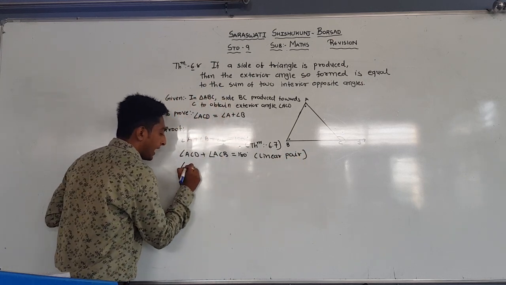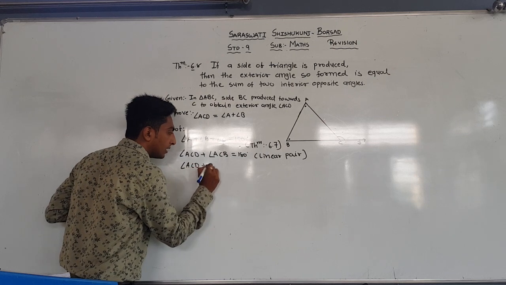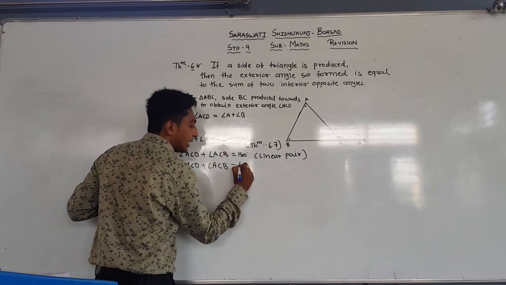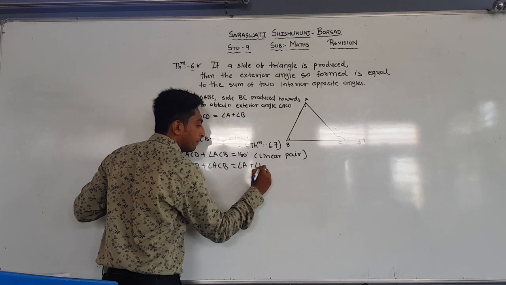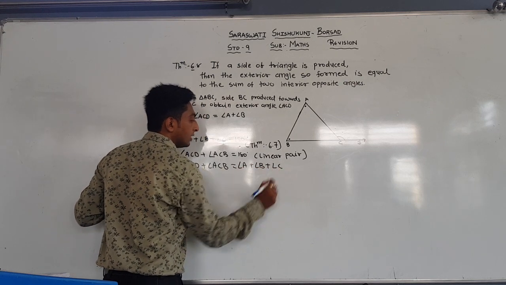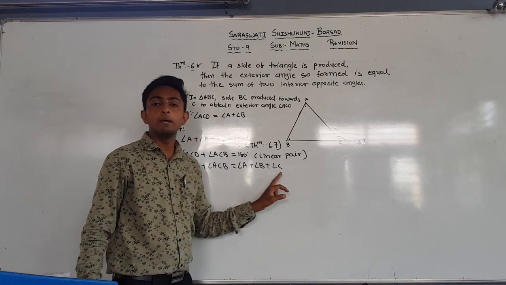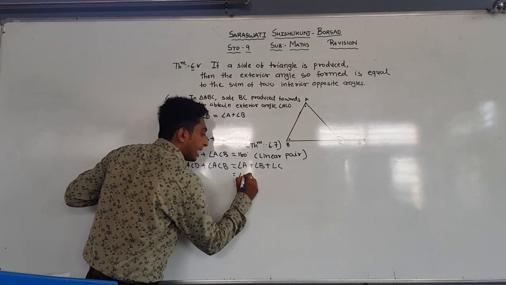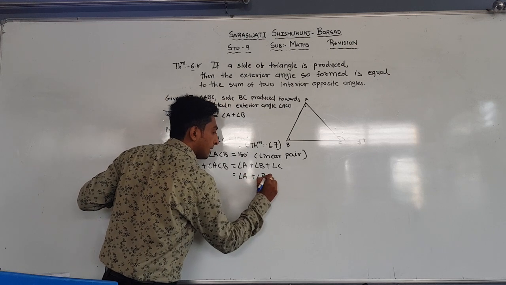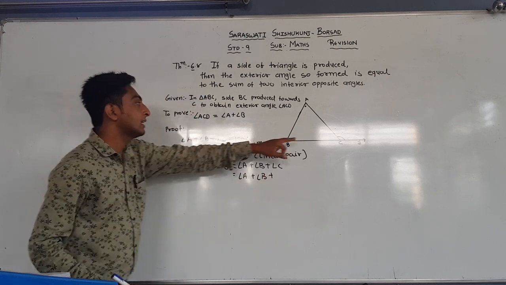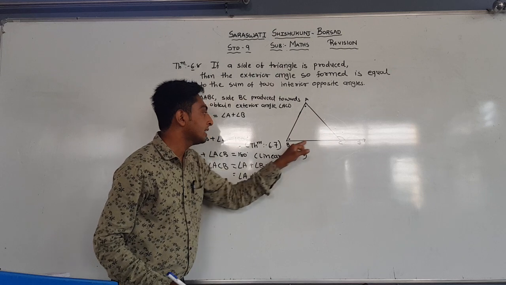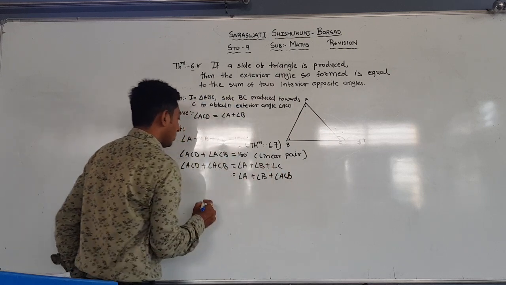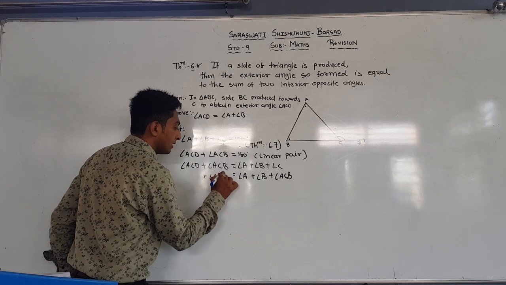Now I have to write ACD plus ACB equal to, can I write angle A plus angle B plus angle C? Now we know that angle A plus angle B plus angle C equal to 180 degrees. Now can I write A plus B plus, what is the angle C? Angle C is nothing but ACB. So I have to write here ACB.